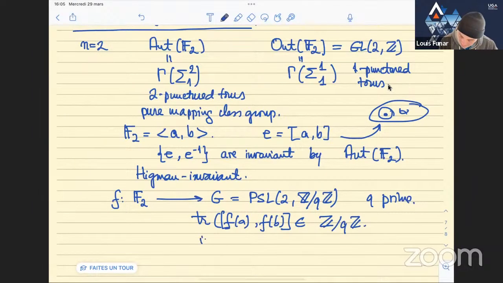So this is an invariant for the action of Out F2.